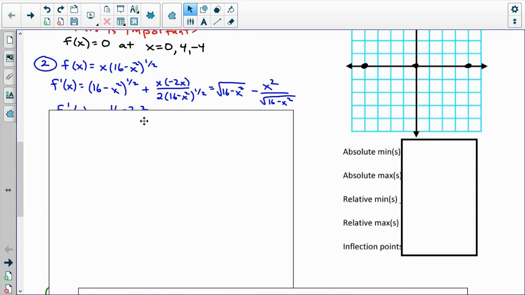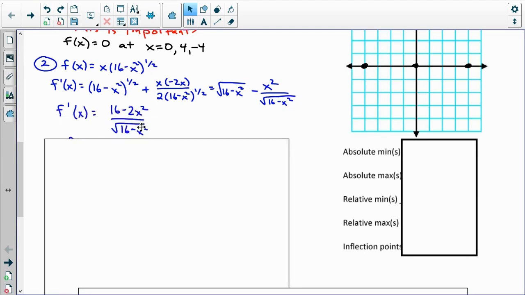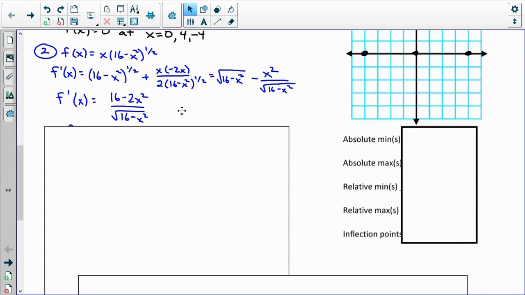So I do the product rule, and then there's a chain rule with this part, the 16 minus x squared to the 1/2. Then I do a little bit of simplifying, and you can take the derivative on your own, but in the interest of time, I'm going to just tell you that the derivative is 16 minus 2x squared all over the square root of 16 minus x squared.